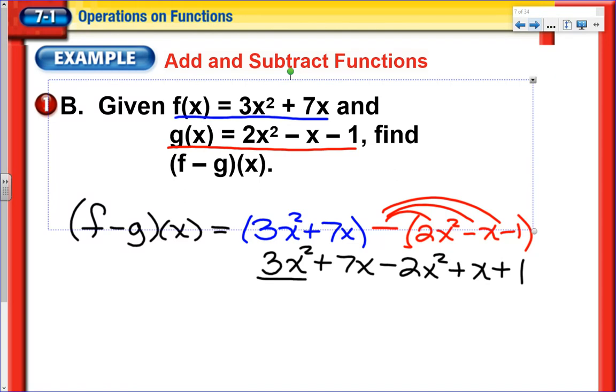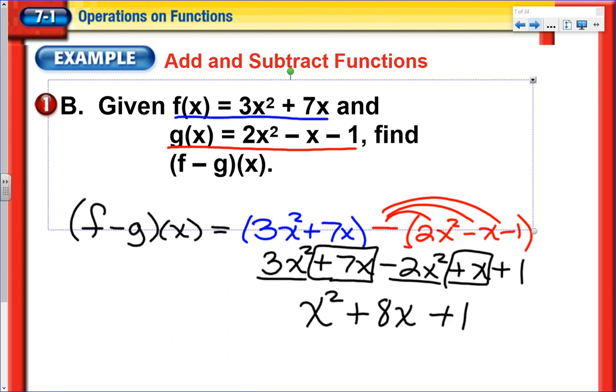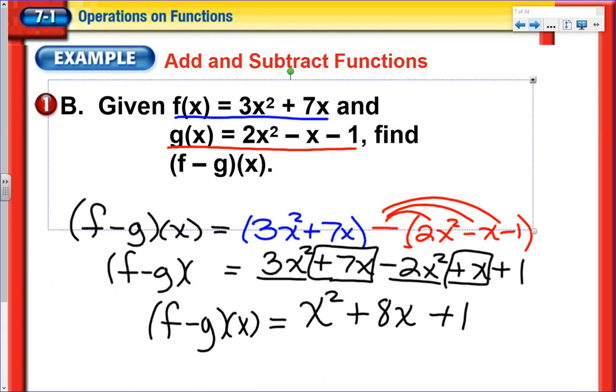And then we'll put together our like terms. 3x squared take away 2x squared gives me 1x squared. And then 7x put together with x makes 8x. And then there's a plus 1 on the end. So this is f minus g evaluated at x. And I should probably put this here as well. So there is the subtraction.